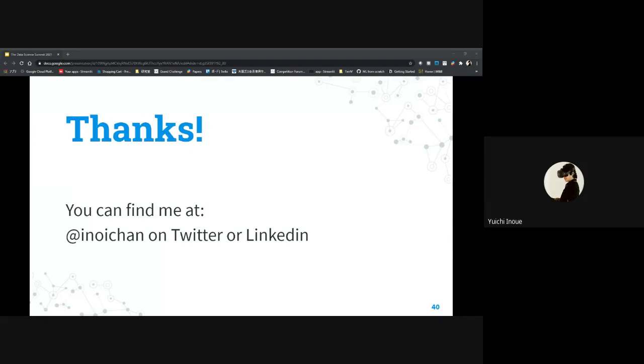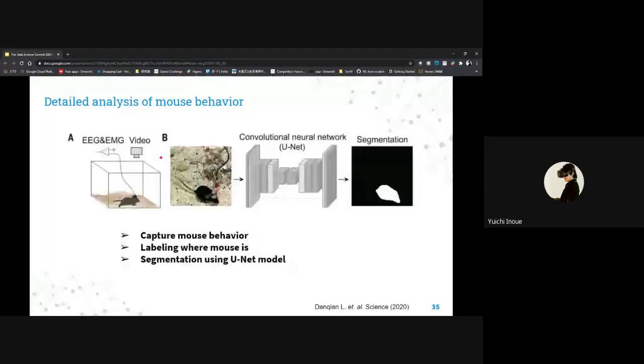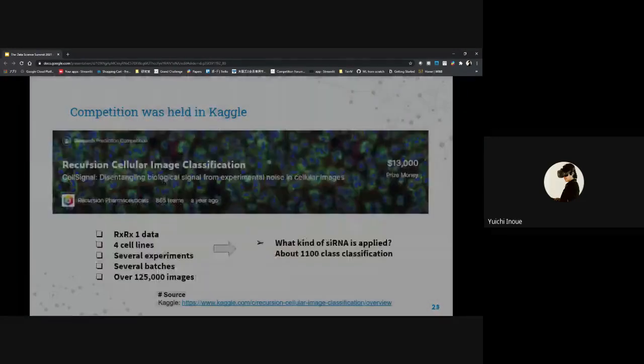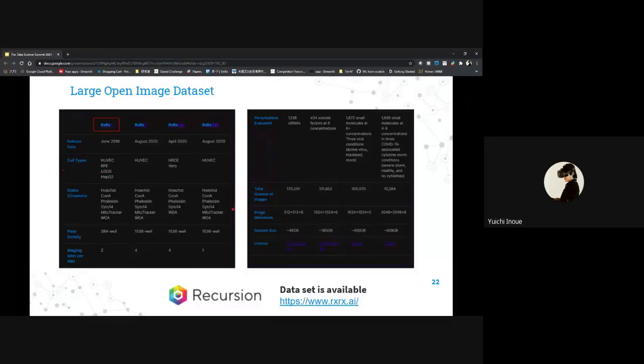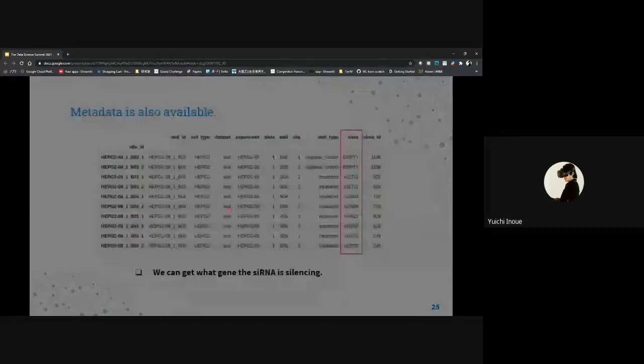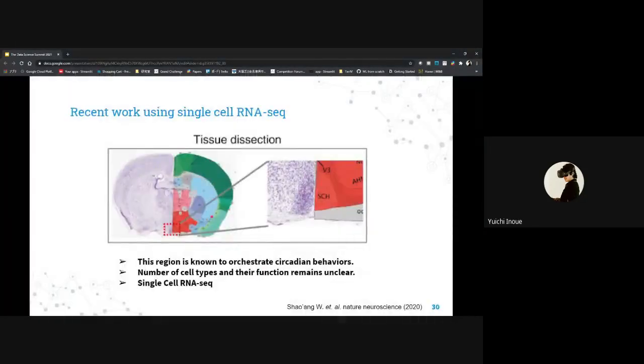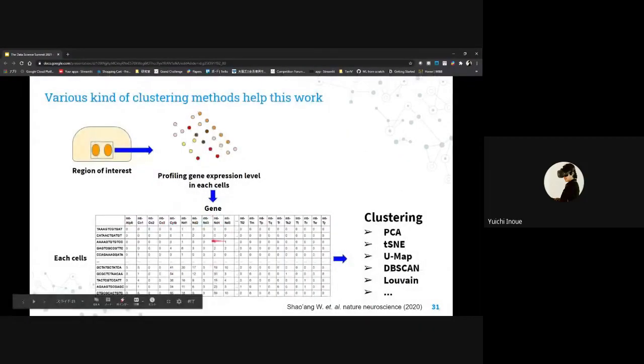Anyway, you try to analyze open data like this, or you can also use this available data. So try it.